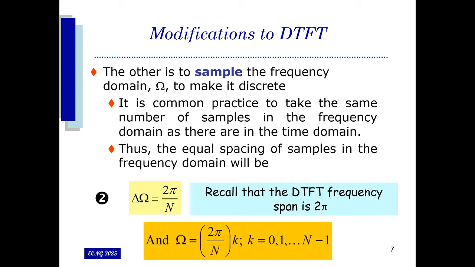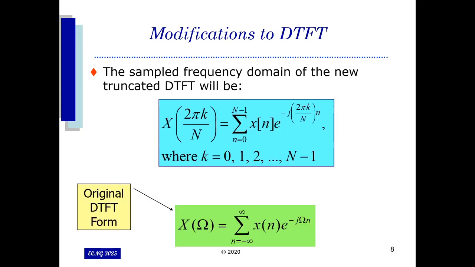In order to get each index, because this is the change represented by the delta equation, the frequency points are going to be 2 pi k divided by N, where k goes from 0 to N minus 1. As such, the sampled frequency domain will now look like this equation here.